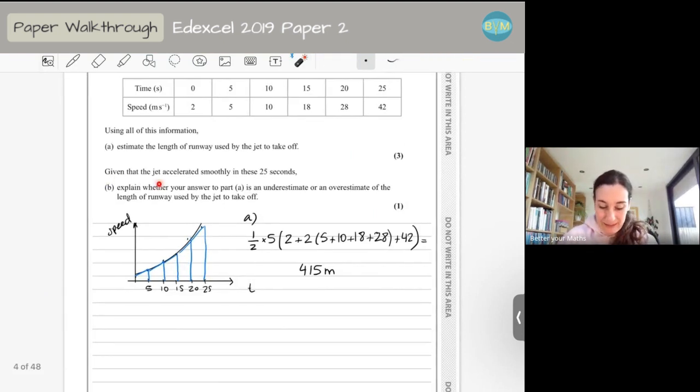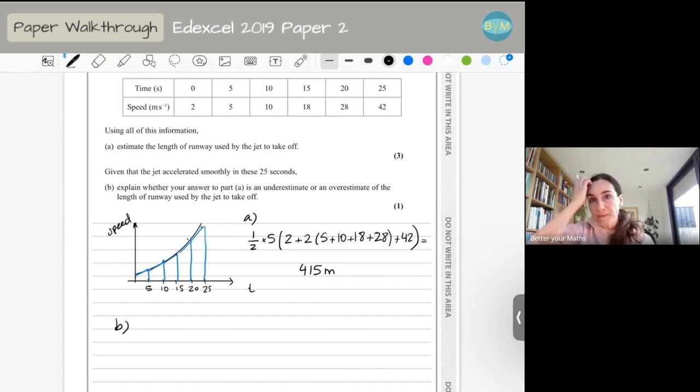B, it says, given that the jet accelerated smoothly in these 25 seconds, so which means this is really a curve, smooth, explain whether your answer to part A is an underestimate or an overestimate for the length of runway. And this is a common question every time you apply the trapezium rule.